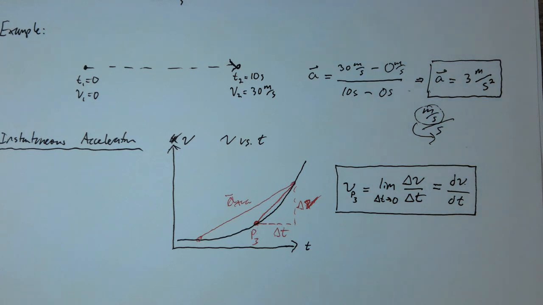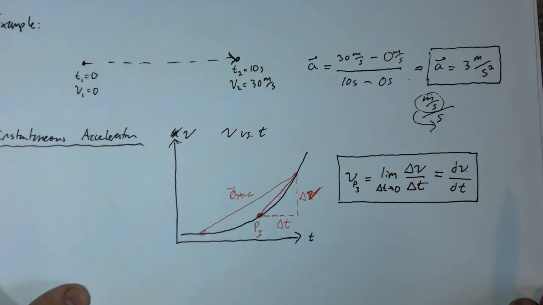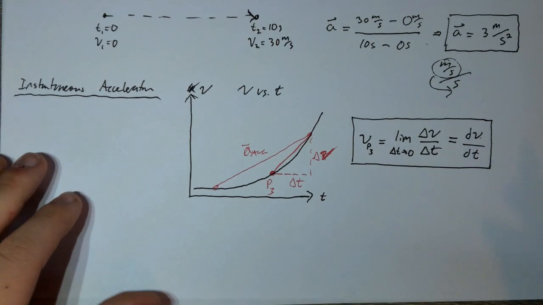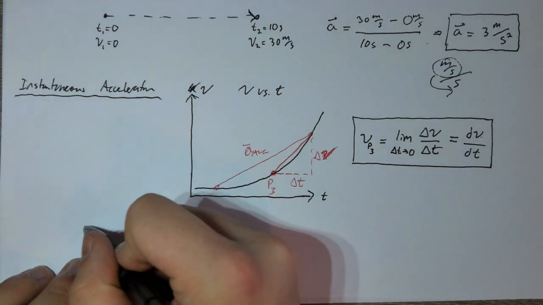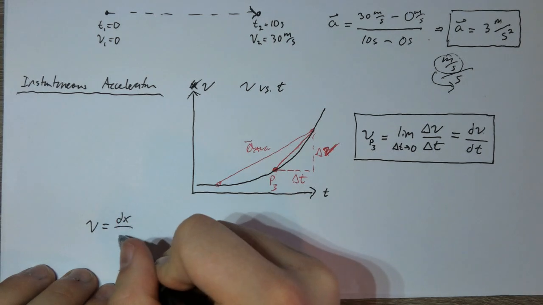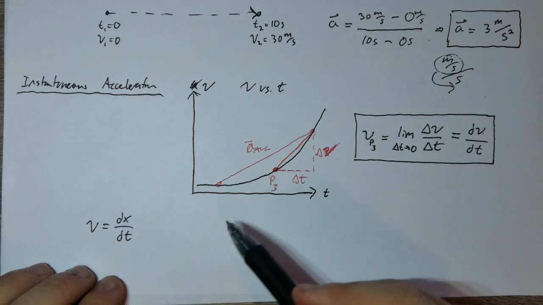Now there's one more thing to think about with this, and we could take it a step further. What I mean by this is that we remember that velocity is just the derivative of position with respect to time.